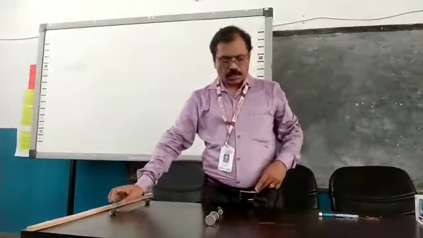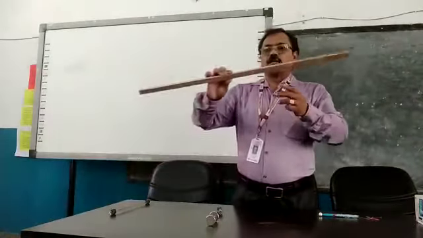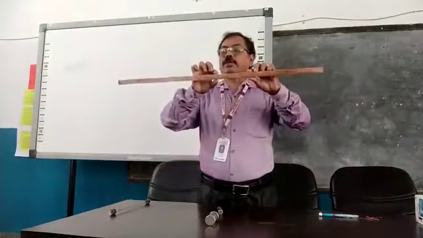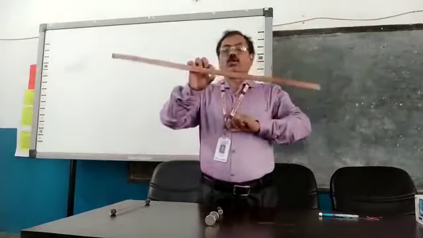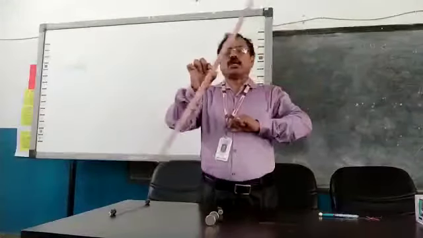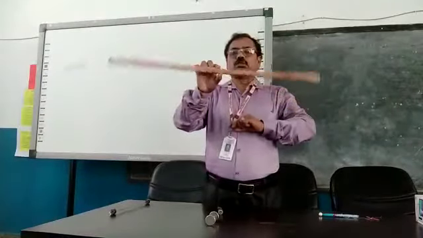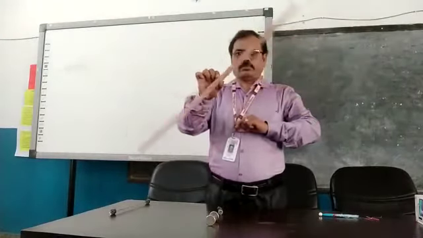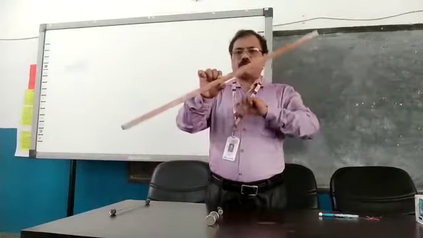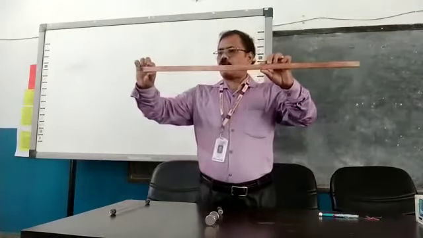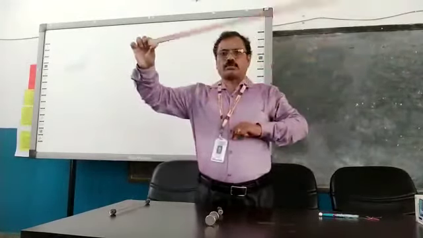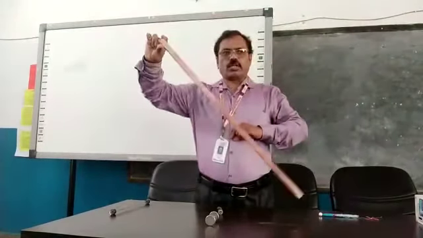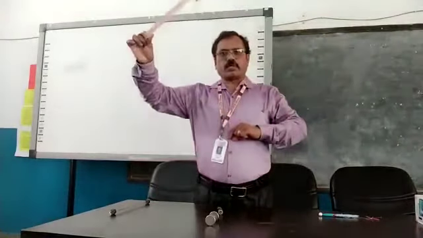Second case, let us take this wooden rod. Hold it at the center. Now rotate it, and you are able to rotate it easily. In the next case, hold it at the corner. Now I find it very difficult to rotate or move this rod.